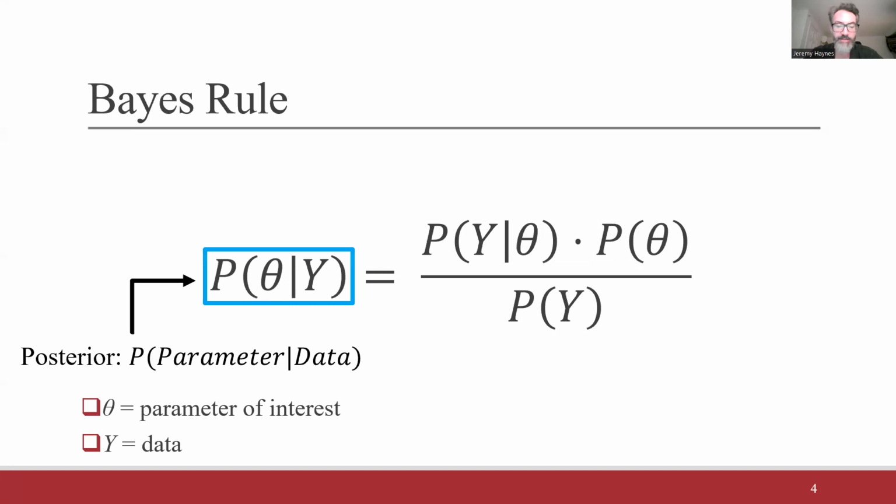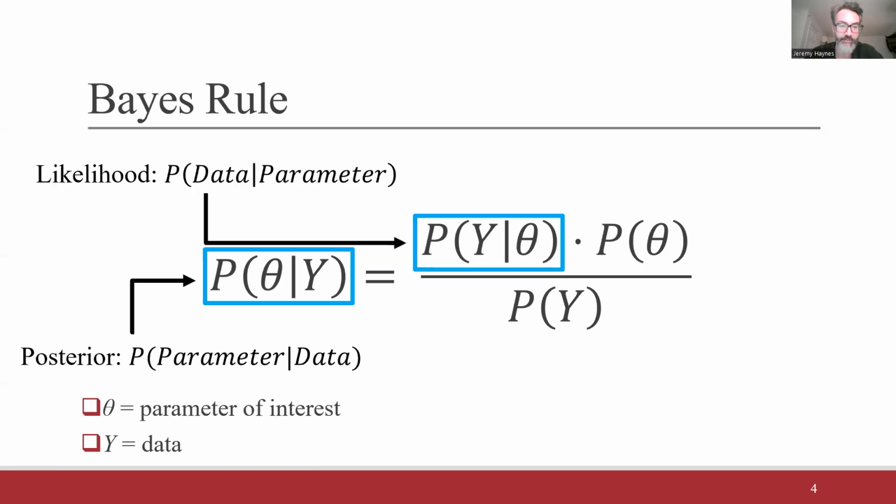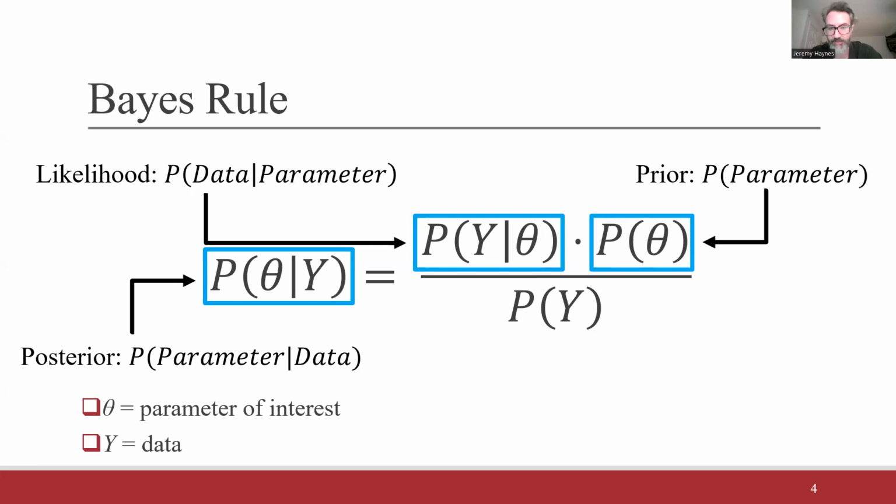On the right-hand side, we have our joint distribution divided by our marginal distribution. So in the numerator, that's our joint distribution. We have the likelihood on the left-hand side. This is the probability of our data given a parameter value, although, like I said before, this is typically represented across a wide range of parameter values. On the right-hand side of the numerator, we have our prior probability of the parameter. That is the probability of the parameter before we've seen any data.